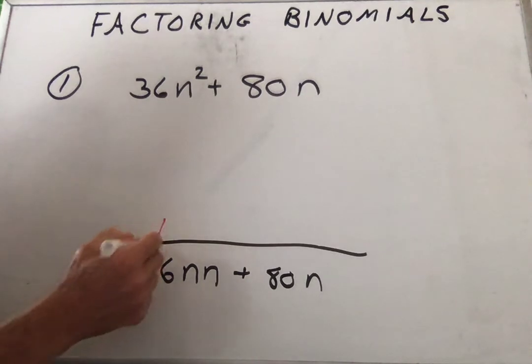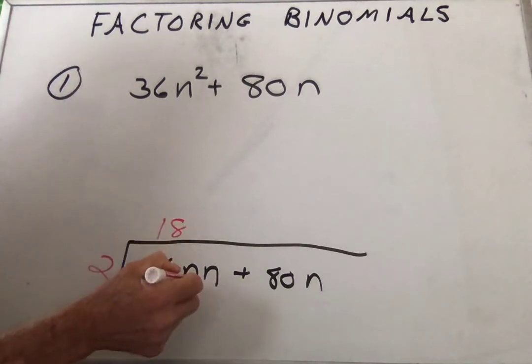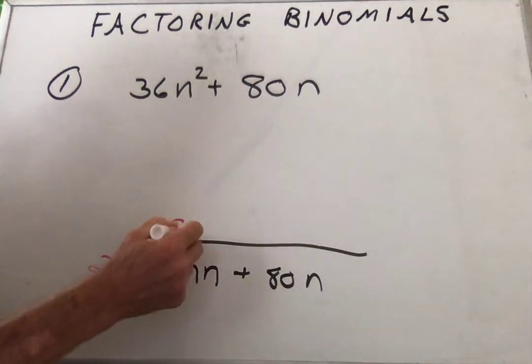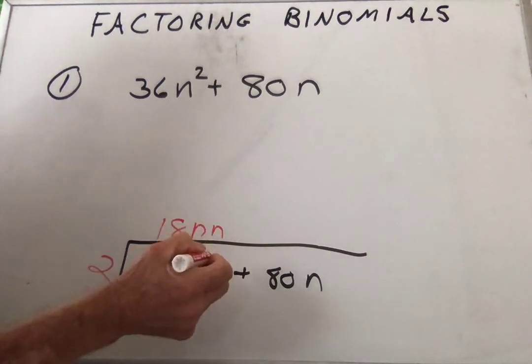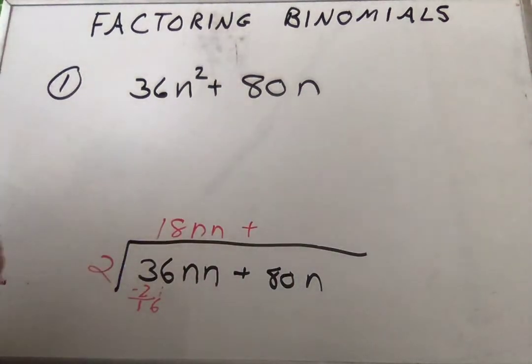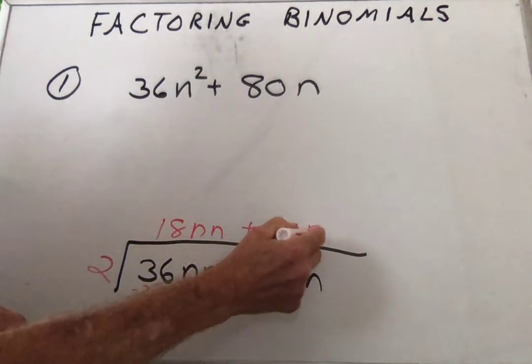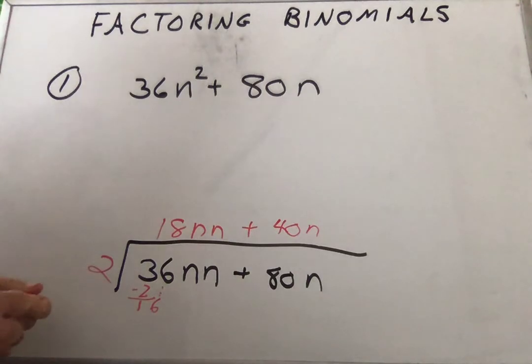Remember, if you can't do that in your head, you can work it out, and it's 18, and bring the variables up. 80 divided by 2 is a lot easier. Most of us will know that's 40. Okay. So far, so good.